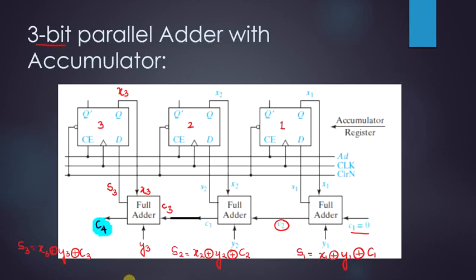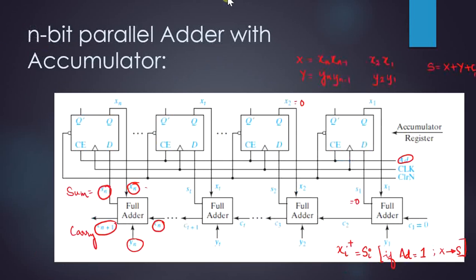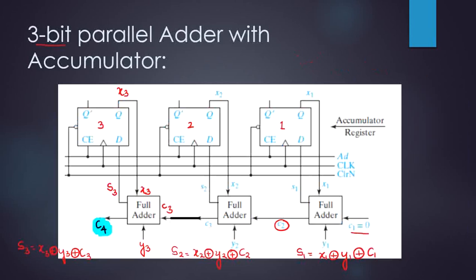Now in general, from what we have understood from the previous case, we know that Xi plus, that is the Xi of the next state, will be equal to the sum. So I can write the general expression as Xi plus equal to Si, which is equal to Xi XORed with Yi XORed with Ci.